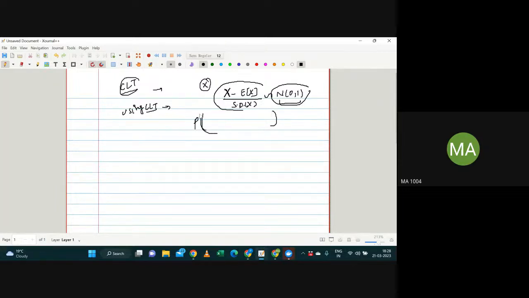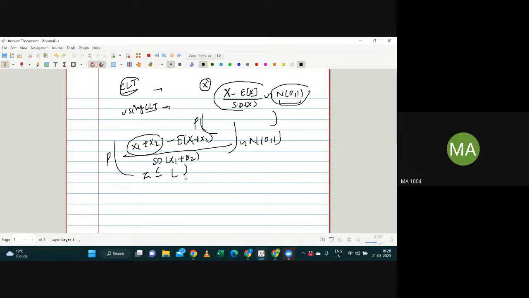Suppose I have X1 plus X2. Write X1 plus X2 minus the expected value of X1 plus X2, divided by the standard deviation of X1 plus X2. This will follow a standard normal variate. Since it is a probability, suppose I get Z less than or equal to some value, I can find this value from the normal table. Is this clear? Are you getting my idea?